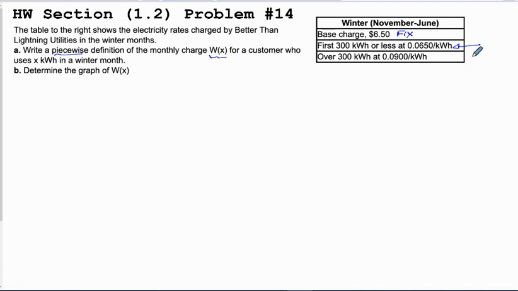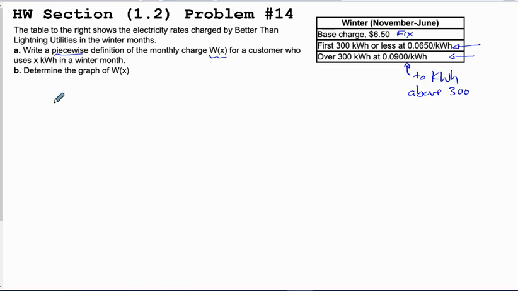And if you exceed 300 kilowatt hours, you will pay a rate of 0.09 per kilowatt hour. But this only applies to kilowatt hours above 300.